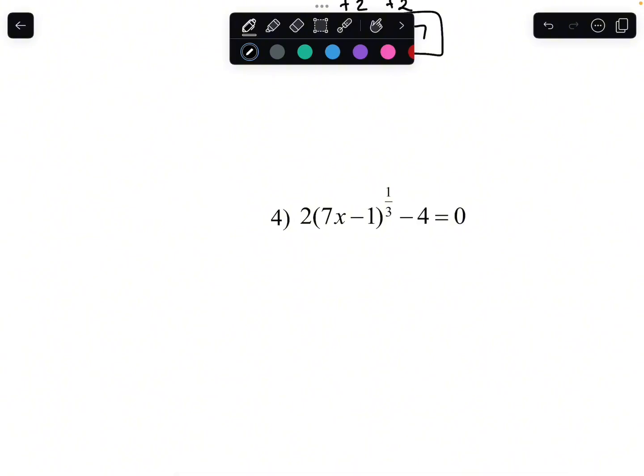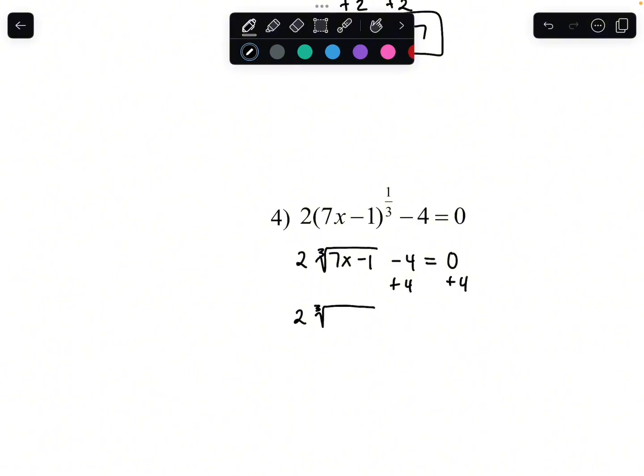Here, using that 1/3 power again, if you want, you can rewrite it as a cube root to see that you need to isolate that radical or isolate the parentheses. And so your first step is to add the 4 to both sides.